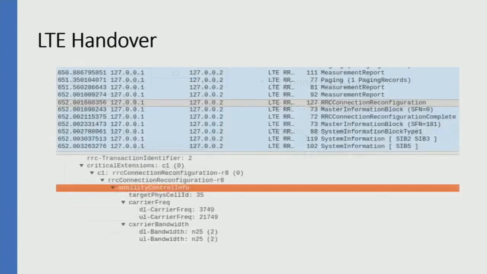And this handover command is actually based on two elements. One is the target cell ID, and the other one is a frequency. So with just the cell ID and a frequency, the phone is switching to a new base station.